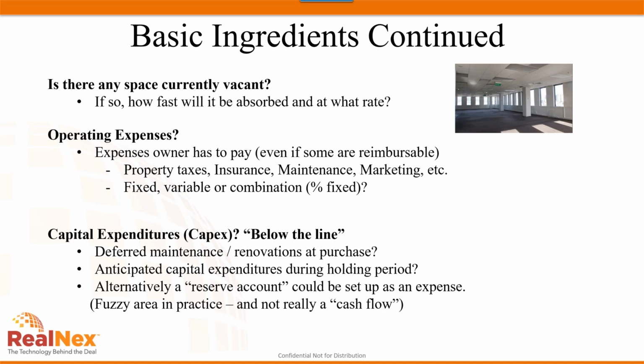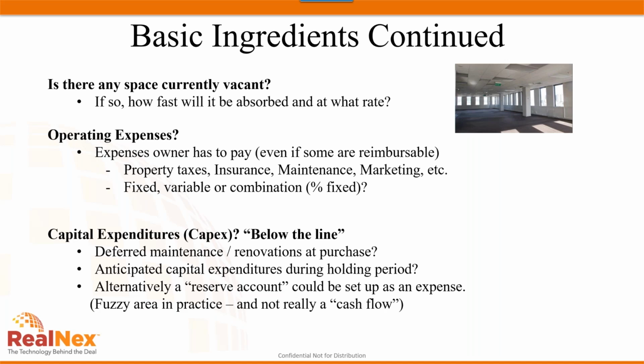Then we have the operating expenses. Sometimes I see people get confused, say, well, we just talked about expense reimbursements. Well, the owner still has to pay the operating expenses. It's just that they'll be able to pass through some of that maybe to the tenants, but you still have to pay the operating expenses.